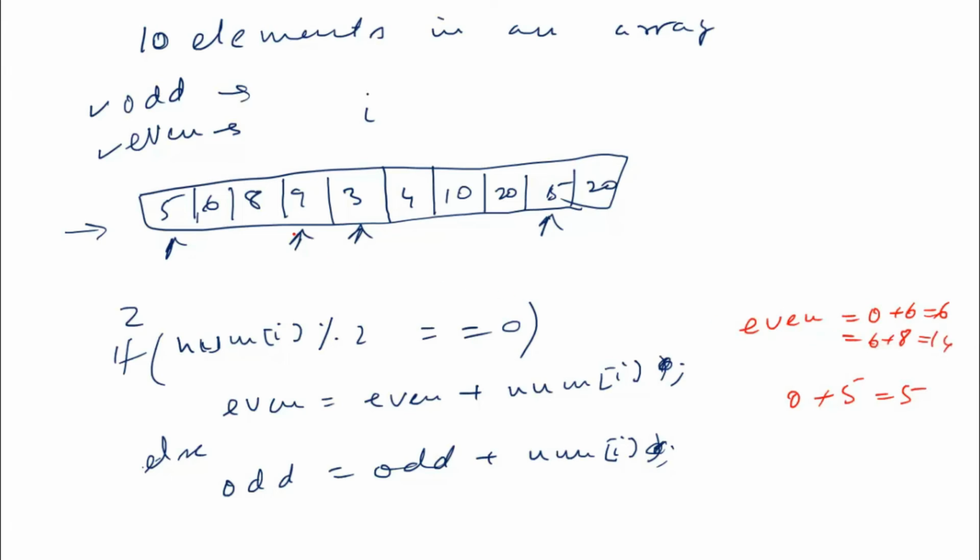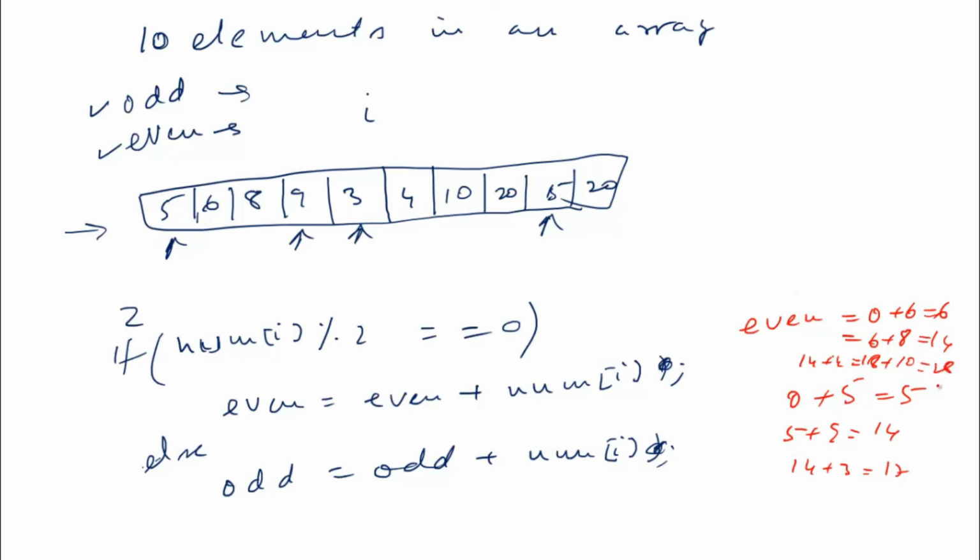Then 9 is not an even number, so 9 will be added to the odd, 5 plus 9 is 14. Then the 3 is odd, so 14 plus 3 is 17. Then 4 is added to the even, 14 plus 4 is 18. And then 10 is added, 18 plus 10 is 28.